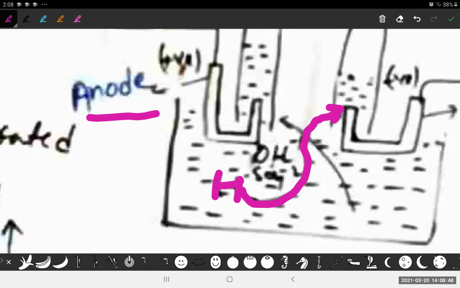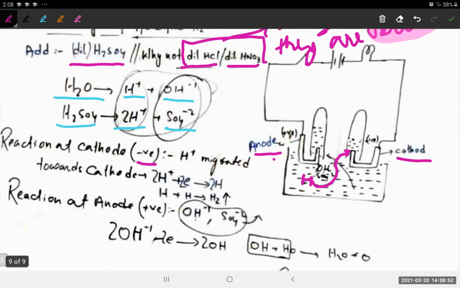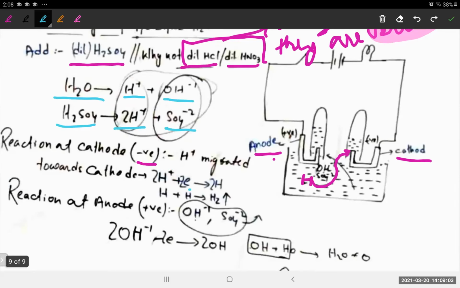Next, what will happen? Discharging will happen. How will it get discharged? It has an excess H plus, yes or no? So it will take one electron. You have to just write H plus plus e gives H, that is neutral.